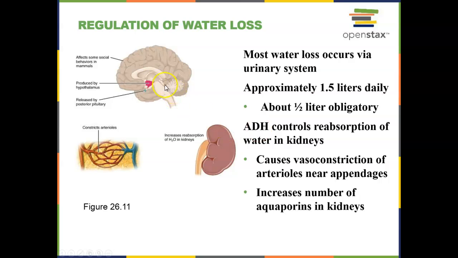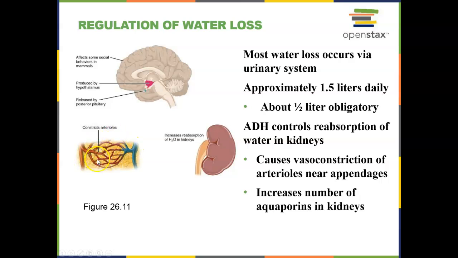So ADH, the hypothalamus produces ADH and stores it in the posterior pituitary. When it is released, it's associated with wanting to conserve water. So if we have a high plasma osmolarity, then we're going to secrete the ADH from the posterior pituitary.